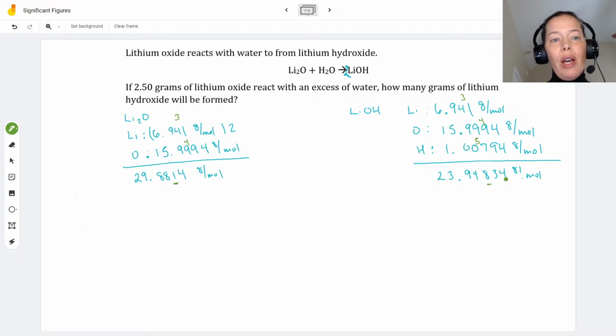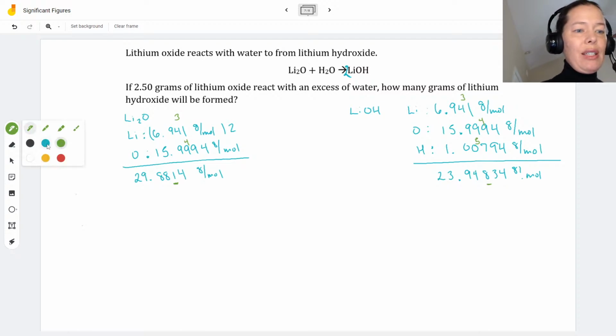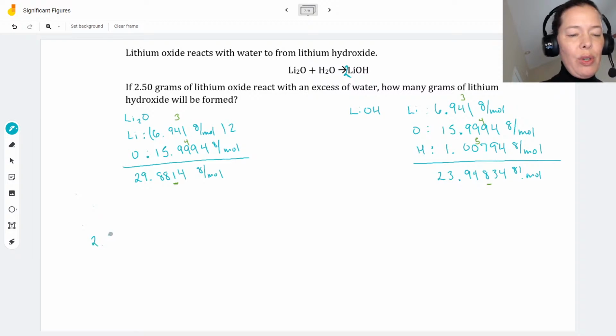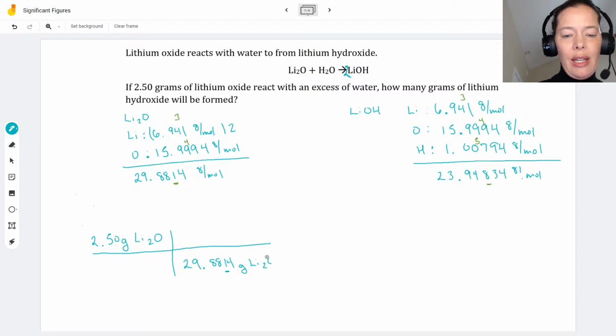Okay, so for the stoichiometry part, now I'm into the multiplication division, so I need to make sure I switch in my mind which sig figs rules I'm using. Okay, so I started with 2.50 grams of lithium oxide. I'm using my molar mass to convert into moles. So this is my 29.8814. Again, I'm going to put my line here just so that I keep it in mind.